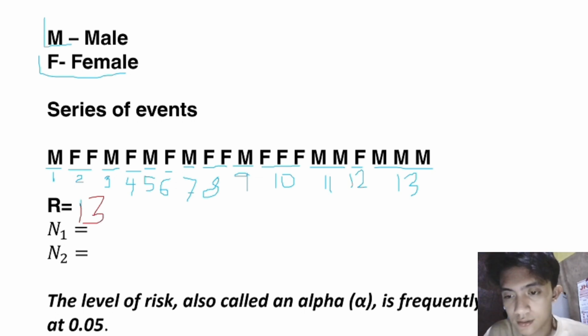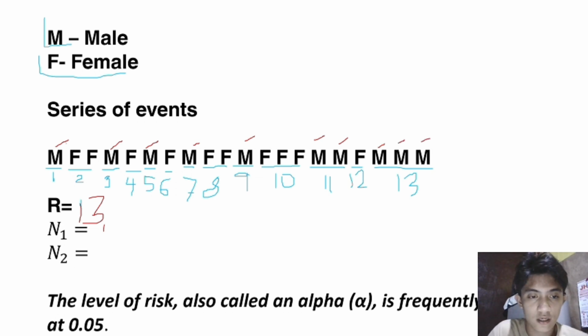Now, let's count our n sub 1. Since our first event is the male, let's count how many males occur in this series of events. So, we have 1, 2, 3, 4, 5, 6, 7, 8, 9, and 10. So our n sub 1 is 10.